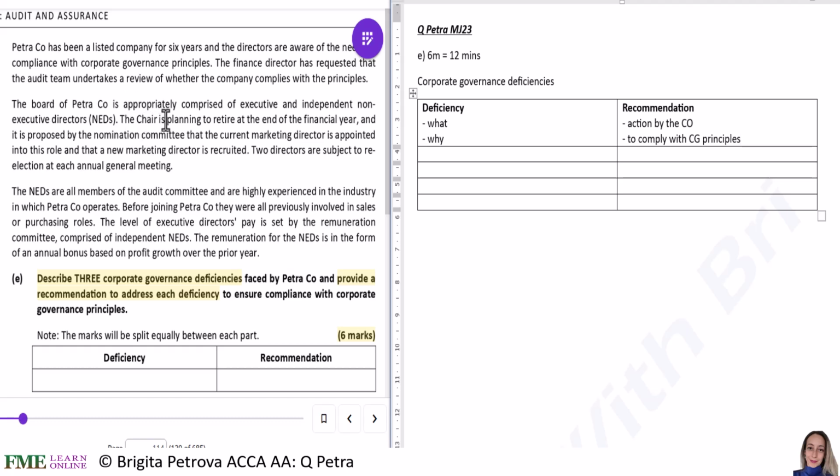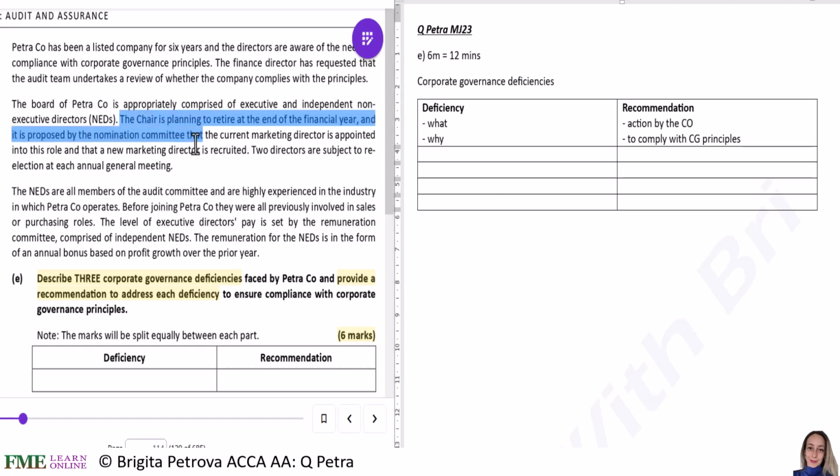The chair is planning to retire at the end of the financial year, and it is proposed by the nomination committee. Fine, they have a nomination committee, which is good. That the current marketing director is appointed into this role. Ooh. And that a new marketing director is recruited. Now, what do you think about this, guys?